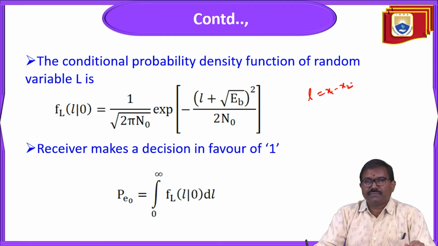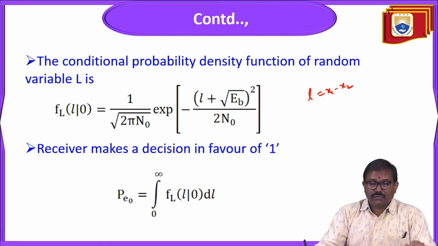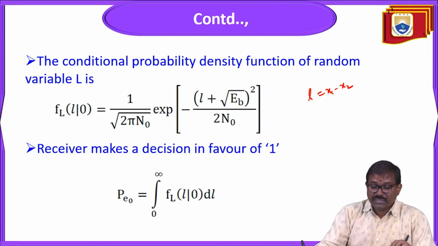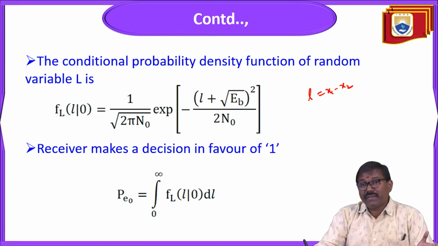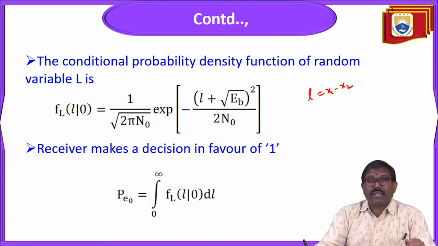So that's why we take this value as L. The remaining are all the same. Another difference is that the previous one had N0, but here it is 2 N0? No: the variance of L is equal to N0 here. So that is the difference you can observe.